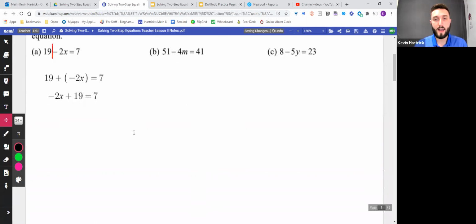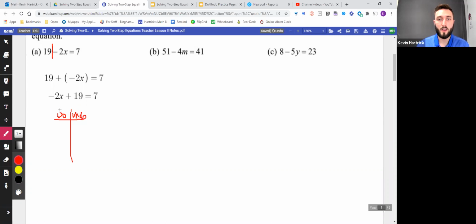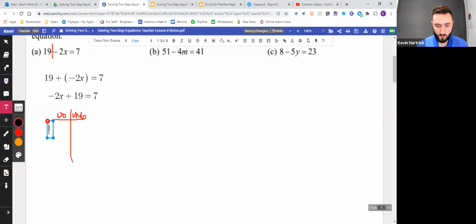Now that I have that, it becomes very simple, just like we were doing in the last lesson. I have my do undo. First thing that's happening to the variable here is it's being multiplied by negative 2, and then we're adding 19.